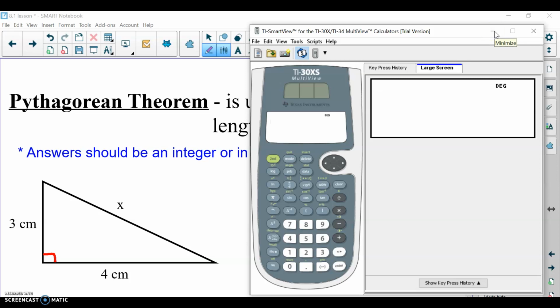Cell phones are great. However, they do not do simplest radical form unless you download an app. And I can show you too. If you aren't able to get a calculator and put it in simplest radical form, I can show you how you would be able to find your answer otherwise.